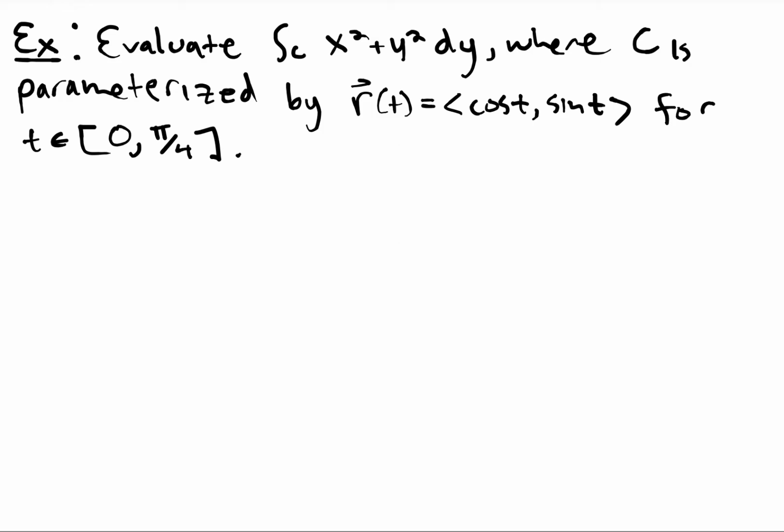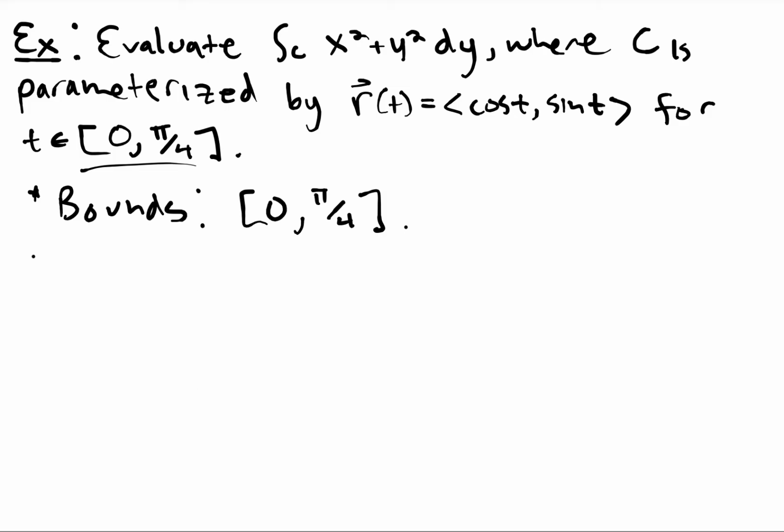Well, I mentioned before, my bounds. If I'm worried about setting up my bounds, this works the exact same as the other line integrals that we were doing. We are going to steal whatever bounds came from your parameterization. My function, fixing my function: same deal as usual. I want to sub in my parameterization to fix my function.